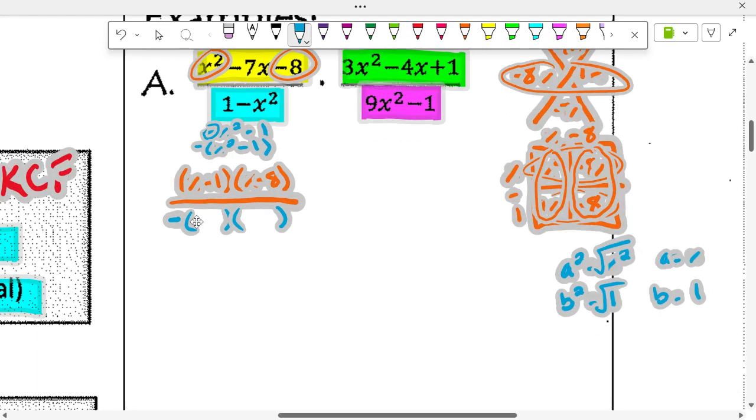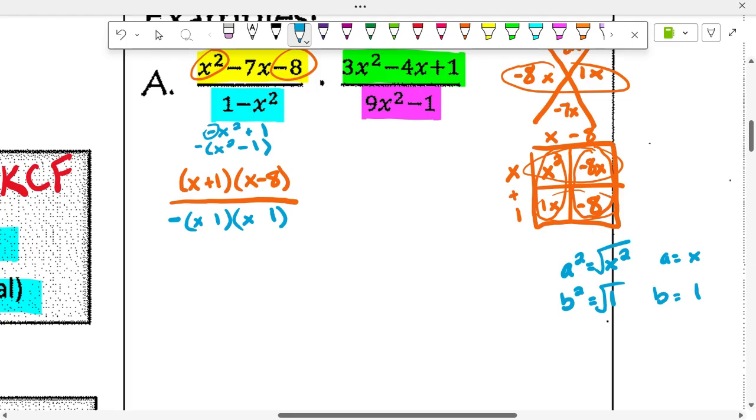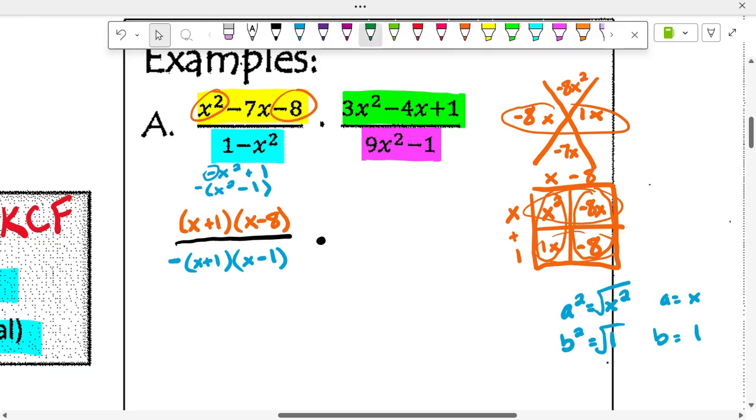So you know we're dealing with x and 1, so that's the two parts of it. But what do I need to separate them by? A plus for one and a minus for the other. Then we would multiply, but we still need to factor the other function, or the other two functions.